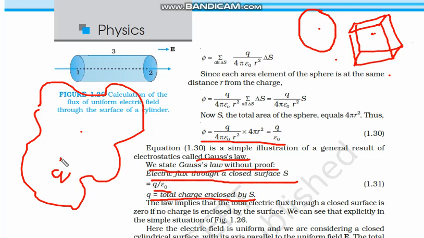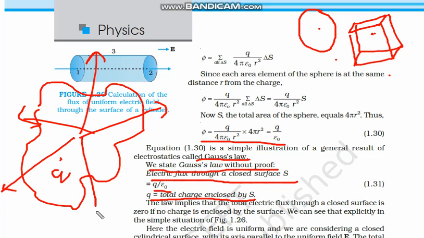So the flux out of any closed surface: you know that if there is a charge, it will emit an electric field. Because of that, there would be a flux, that means electric field lines going out of unit area per unit time. So the flux out of any shape will always be that charge divided by the permittivity of free space.